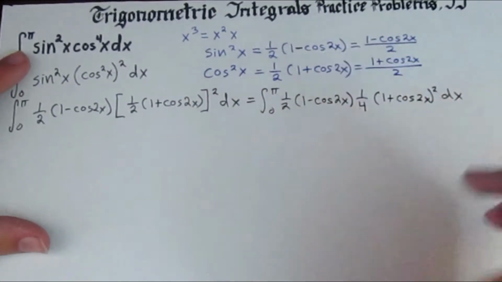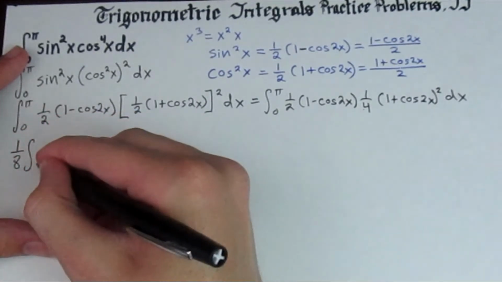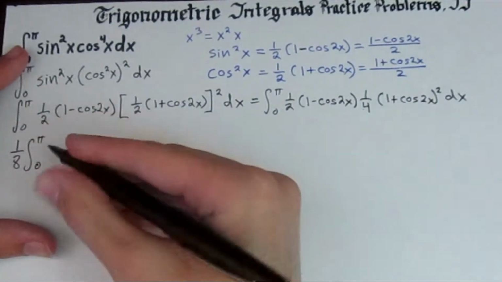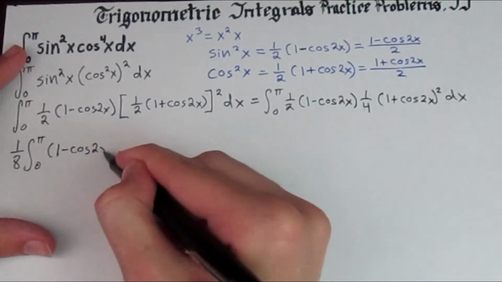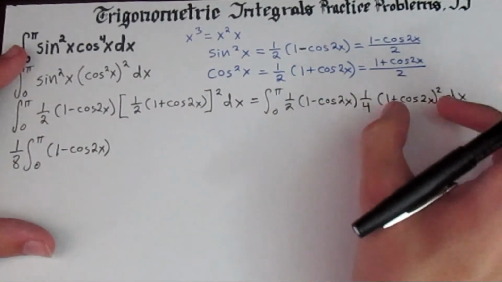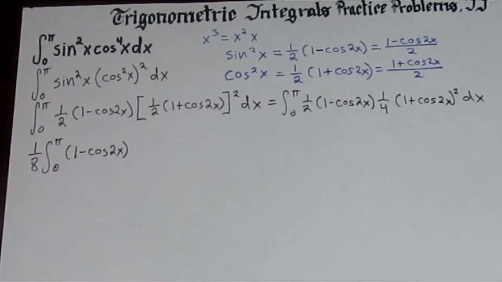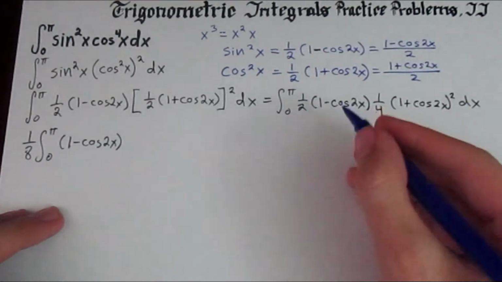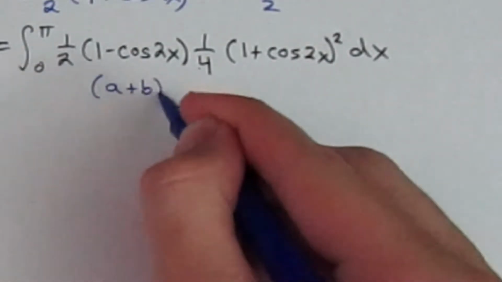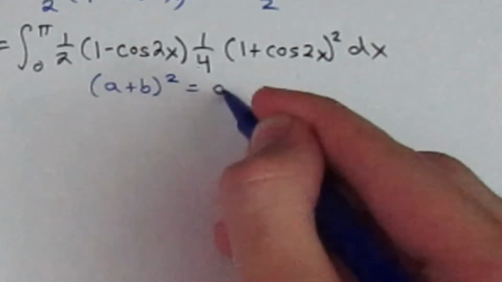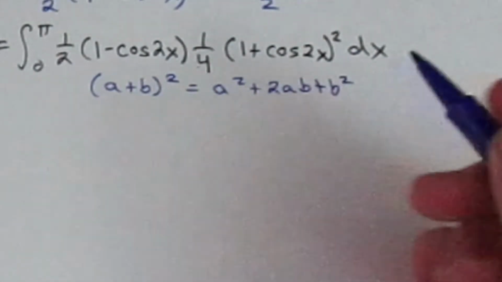That becomes 1/8 times the integral from 0 to pi, times the quantity 1 minus cosine of 2x. Then I'm going to square this. I'm going to remind you, you might already be a master at this by now, but if you have a plus b squared, that's the same thing as a squared plus 2ab plus b squared.